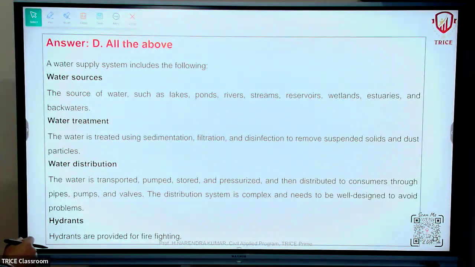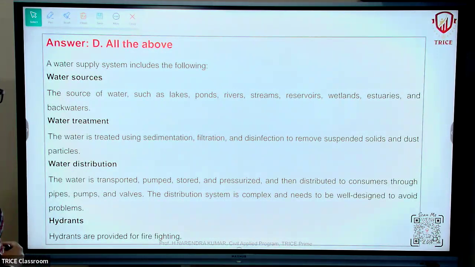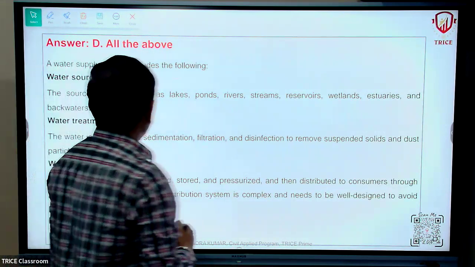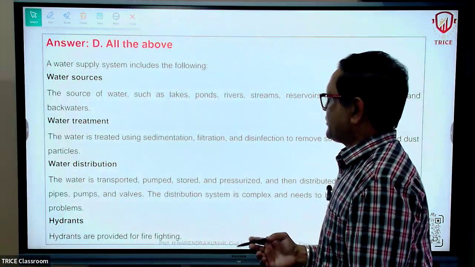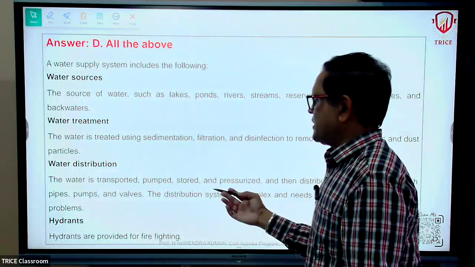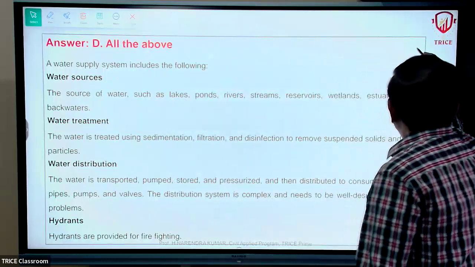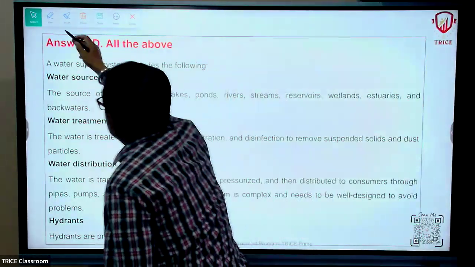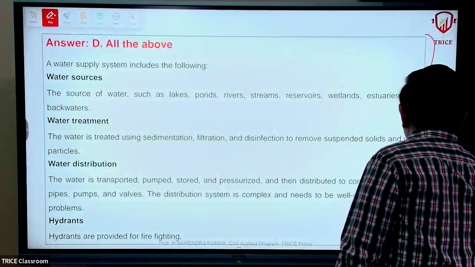So the answer is D, all the above, because I am giving you the explanation also along with the answer. Water supply system includes the following, right? Like water sources, water treatment, water distribution and hydrants. Okay, so all these things constitute the water supply system.